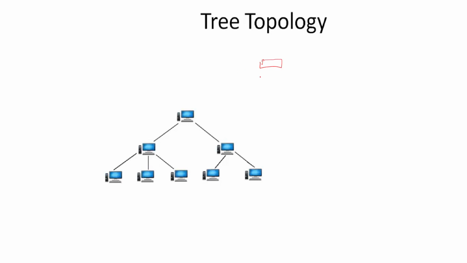Switch 1, switch 2, switch 3, etc. This is the 20th switch, and devices are here, here, here. We have 1,000 devices, and all the devices are connected to the switches.